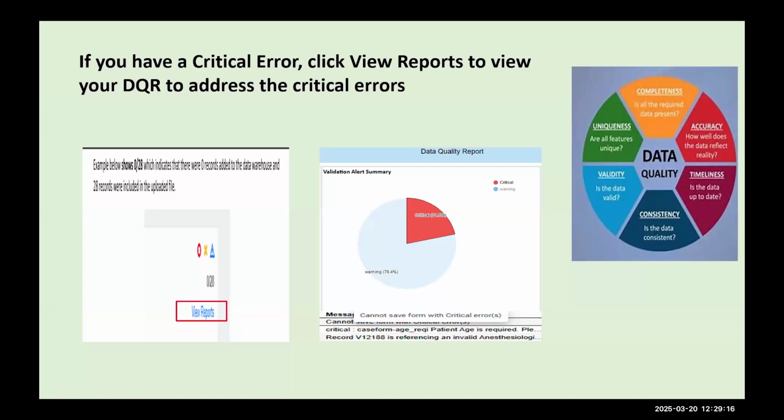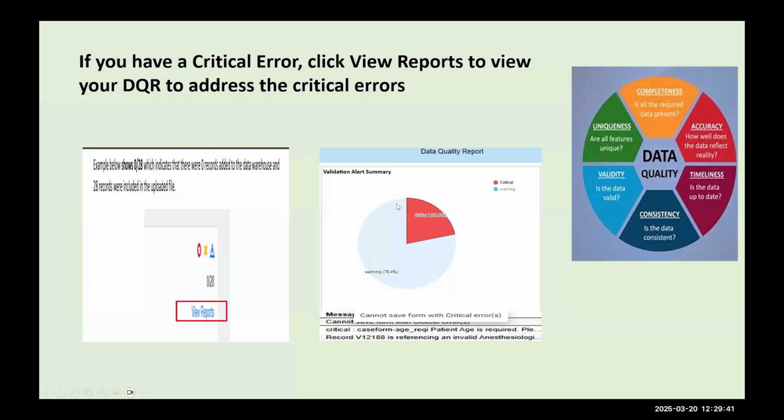Once you get all your critical errors fixed, then you can run the harvest summary report and work from there if you like. You really can work from both of these; I guess it's just preference. But if you have a critical error, you have to go into this data quality report and fix that first before you can even run the harvest summary report.